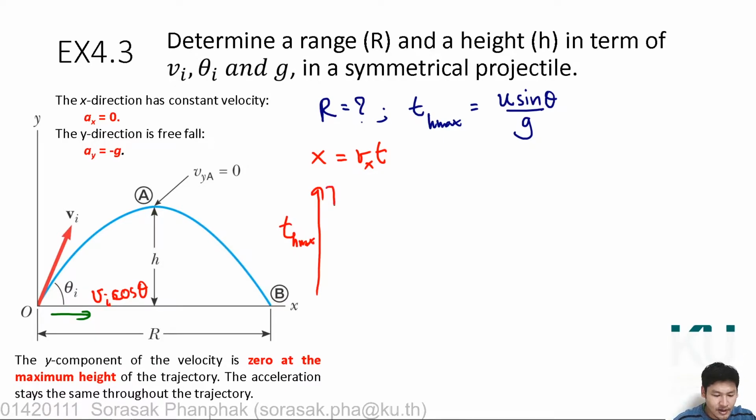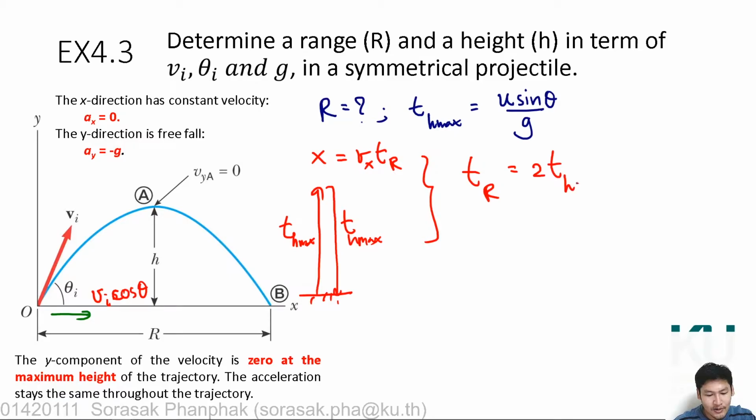Since going upward it takes the max time, when it's going to the ground, it's going to take the same amount of time, so that you get the time that it travels along x to reach the range. So the time to go to the maximum position along the x-axis is equal to twice the t that it takes to reach maximum height.